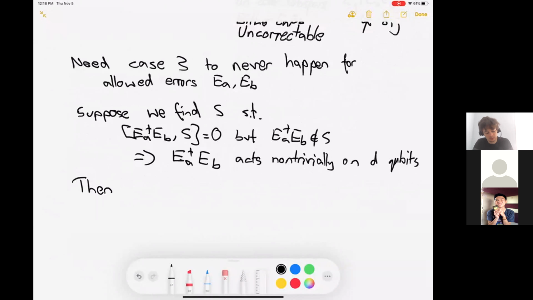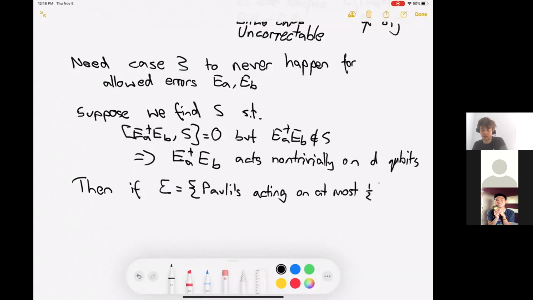Then, if our set of allowed errors consists of Paulis acting on at most a half D minus 1 qubits, then EA dagger EB, each of them acts on at most a half D minus 1 qubits.